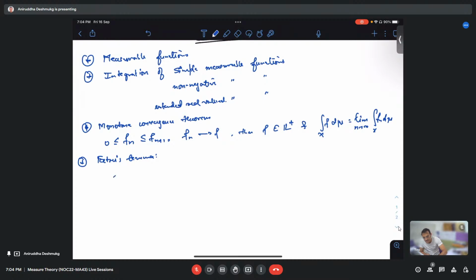So it says that given a sequence of non-negative measurable functions, the integral of liminf f_n d lambda is less than or equal to the liminf of the integral of f_n d lambda.